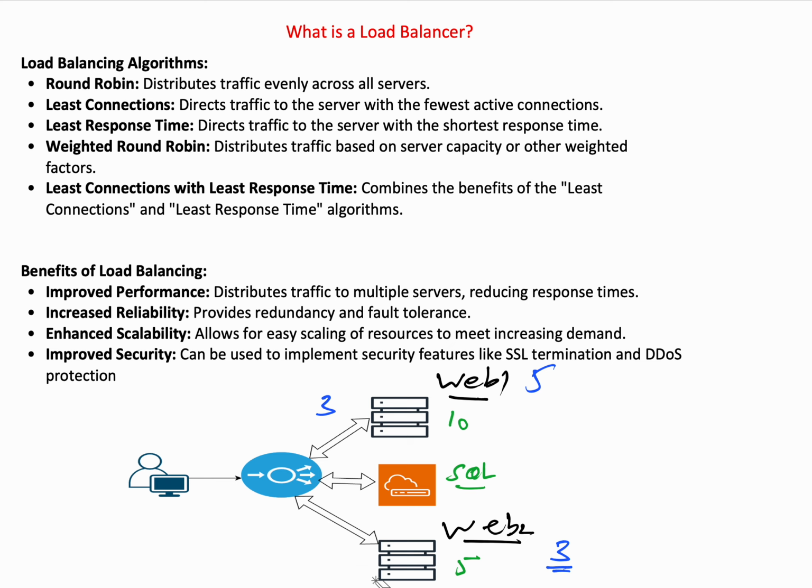Got it? Response time is basically the time it takes for the server to respond back to the load balancer. I hope it's clear. It's pretty self-explanatory. Just go through the points and you'll be able to understand.